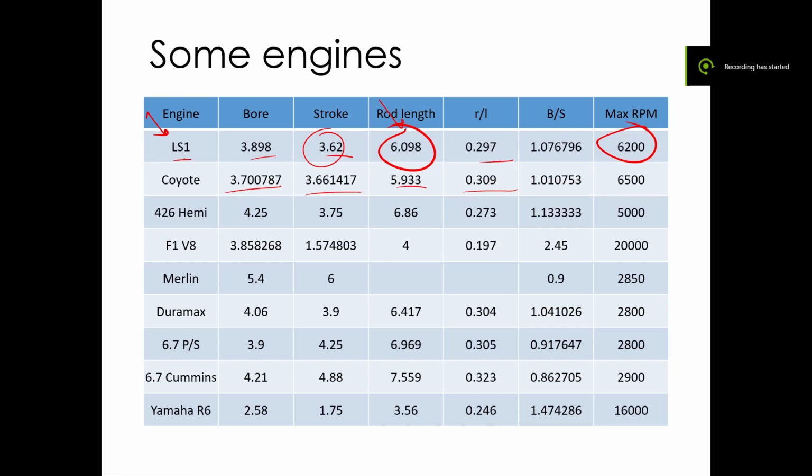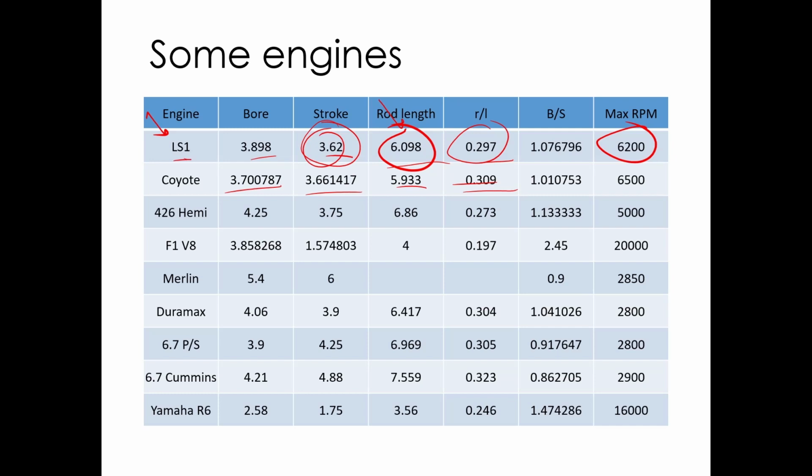Sorry about that. If you'll notice, the values have magically changed because I realized that I had used the wrong column for the calculations in this, and the numbers didn't make any sense. So if you look at this divided by 2 divided by rod length, you get R over L, the rod ratio. And though it's changed a little bit here, not a lot. What I was concerned about is that this number should go up, and it didn't in my original calculation, so I knew I'd made a mistake.